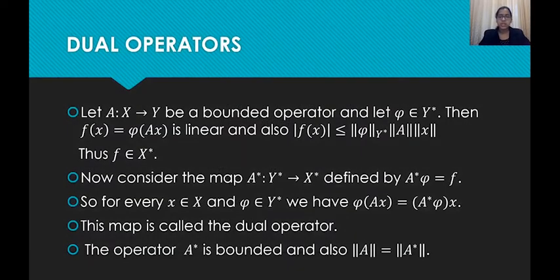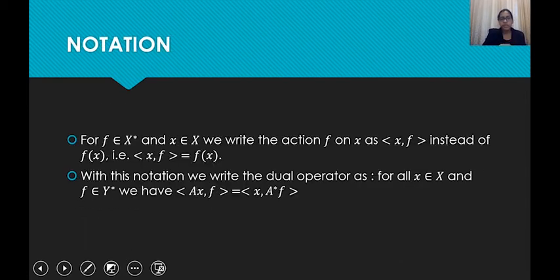Okay, so now what we are going to do is we are going to use a notation which is given in your textbook. Okay, that is for f belongs to x star and x element of x, we write f acting on x, that is f of x, as the bracket x comma f, that is inner product. This is what we have used for inner product, but it is actually not the inner product, it is just a notation. Why?